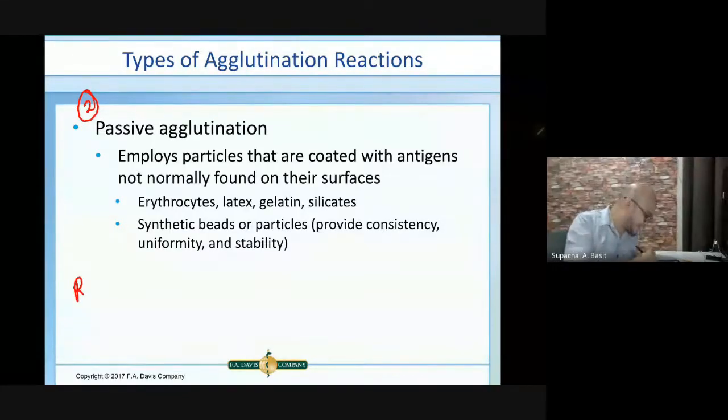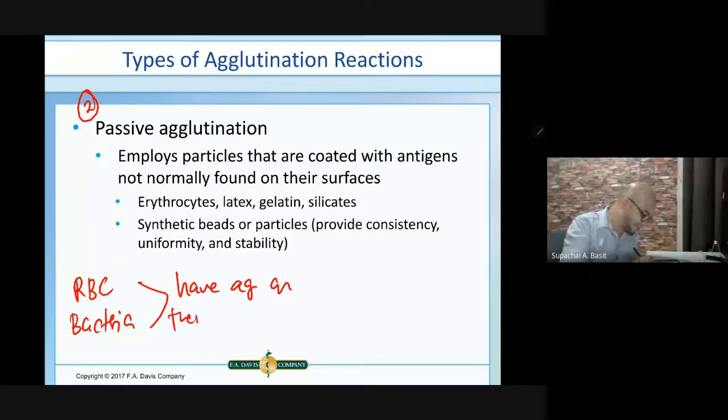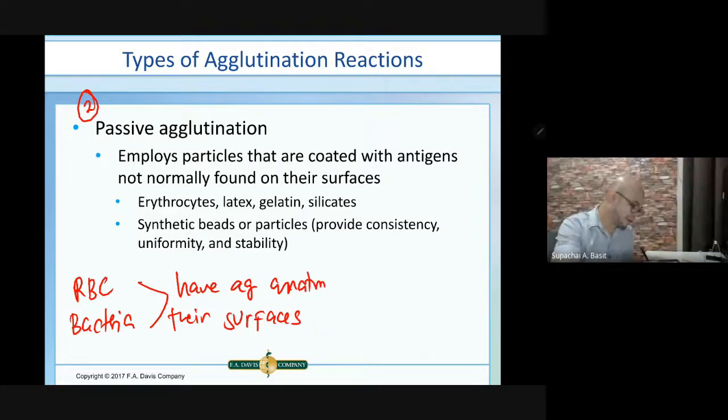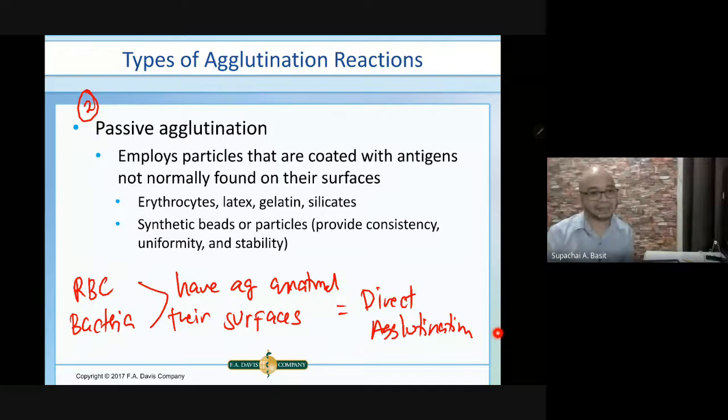RBC and bacteria have a natural antigen on their surfaces, therefore we can do direct agglutination. But there are some particles that do not have antigens normally found on their surfaces, and we cannot see a visible reaction without using these particular particles.